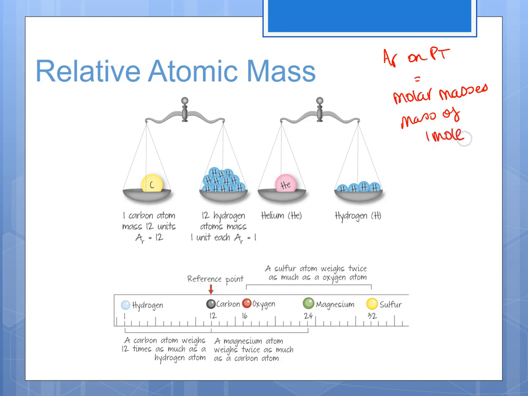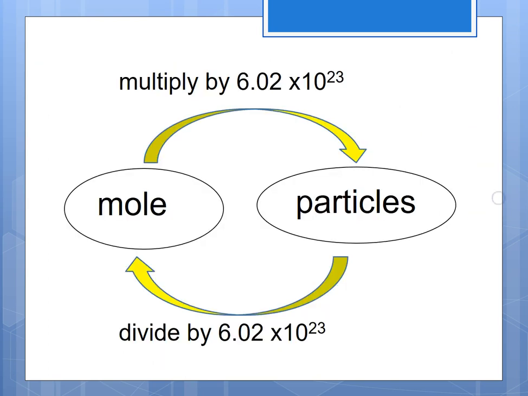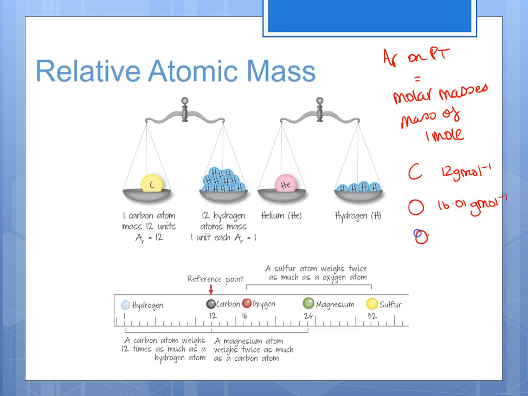So we know that carbon has a relative atomic mass of 12, so it will be 12 grams per mole. We know that oxygen has a relative atomic mass of 16.01, and it will be 16.01 grams per mole, which means O2 will be 32.02 grams per mole. In the same way as we added up for relative atomic mass, we can now add up for molar mass.